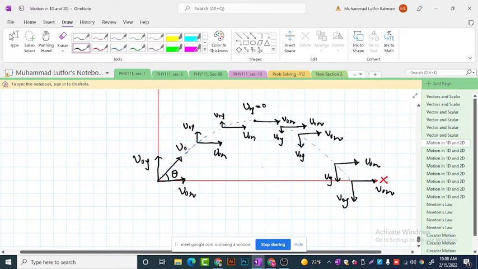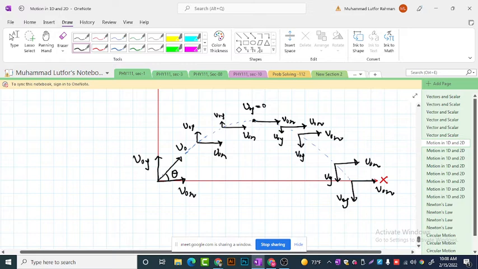Now look at this. When you throw that particle along the x direction, it moves at a constant velocity. That's why v naught x is not changing, it remains the same, but v naught y is changing. While it's moving upward, its velocity is gradually decreasing, and at the top point its velocity is 0, only the vertical component is 0.